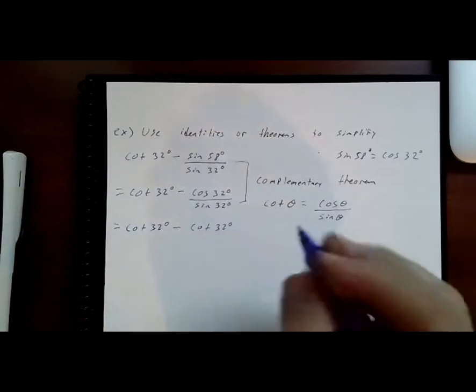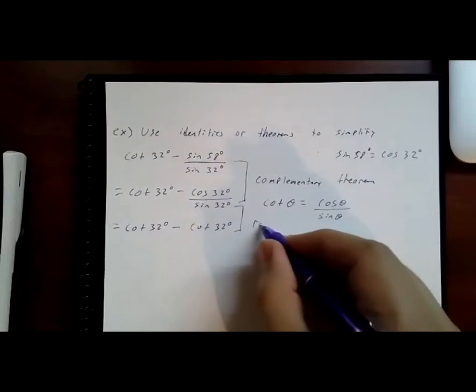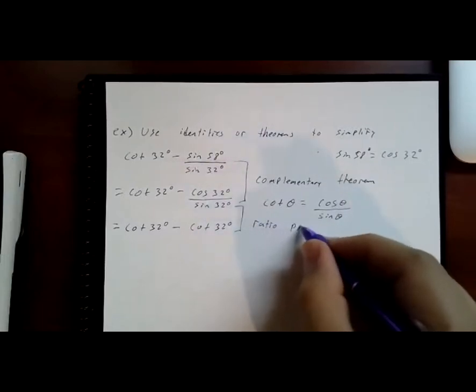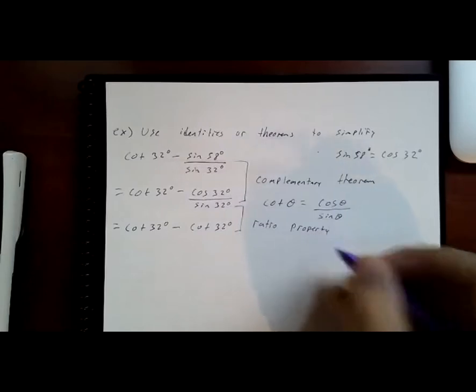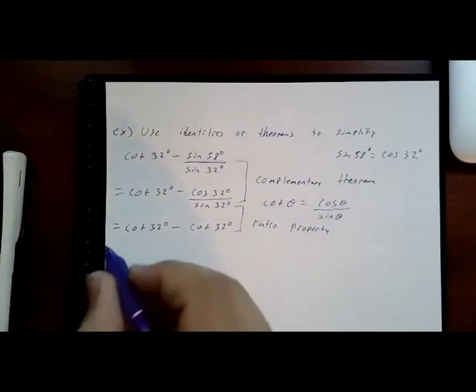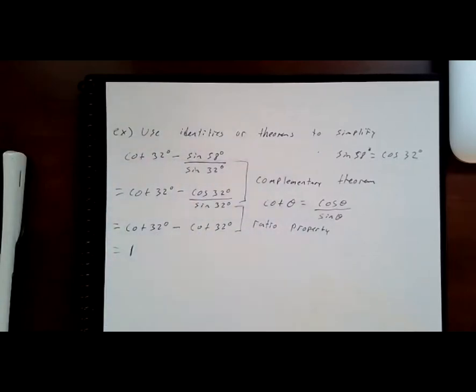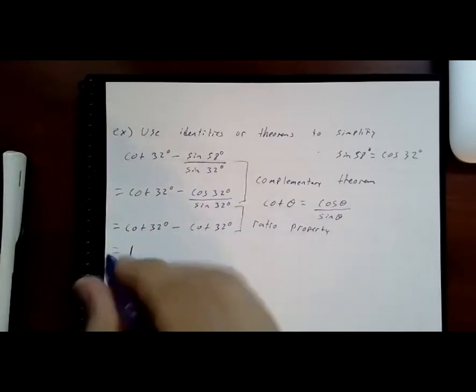I change that into cotangent from here to here, using the ratio property that I just wrote. After that, they cancel, leaving you with a 1. Oh, actually, that's a lie. 0, huh?